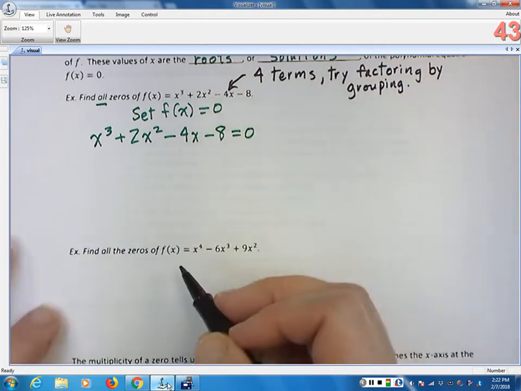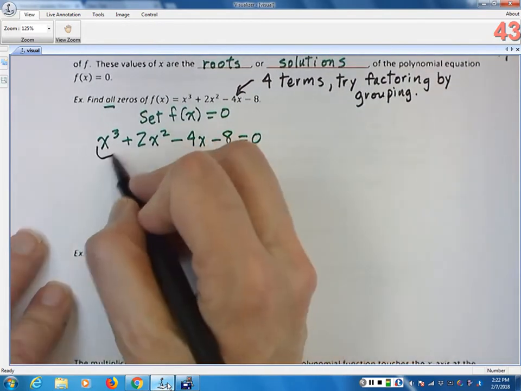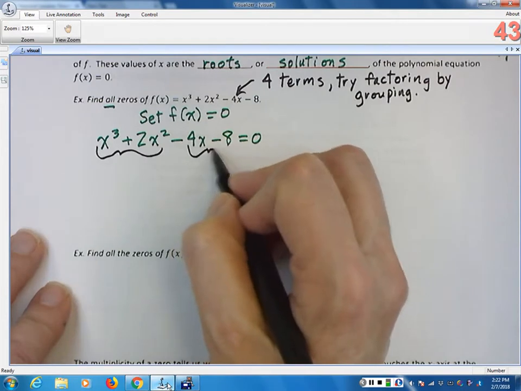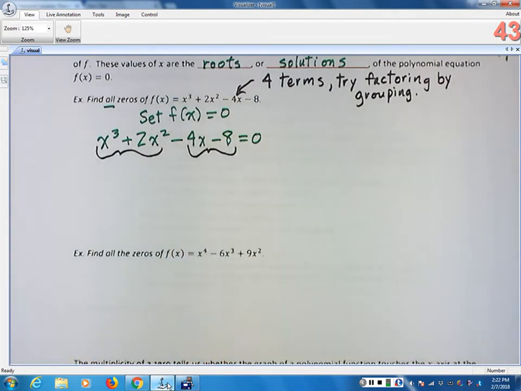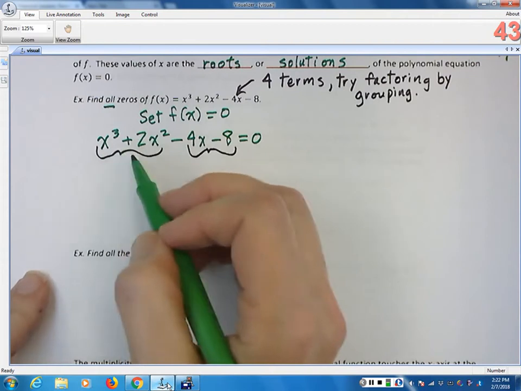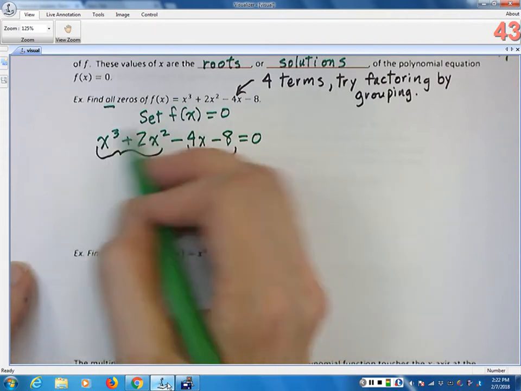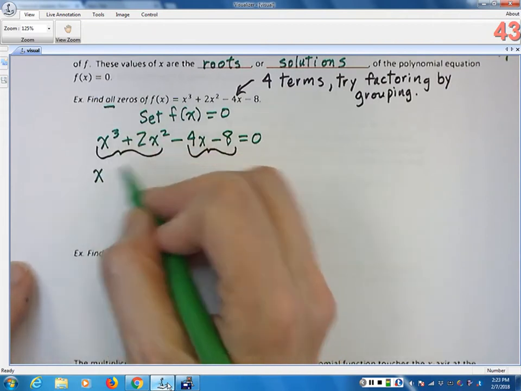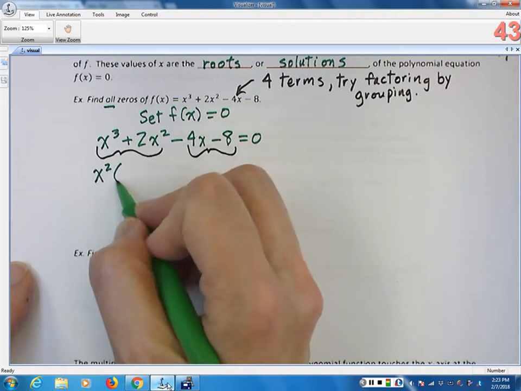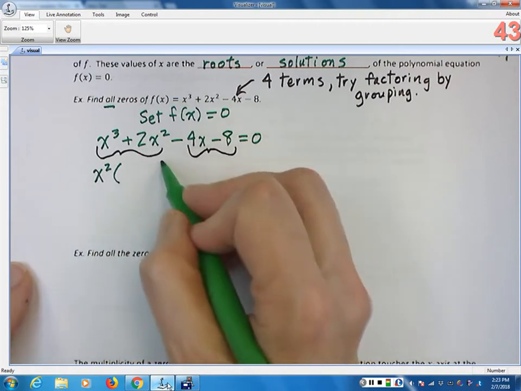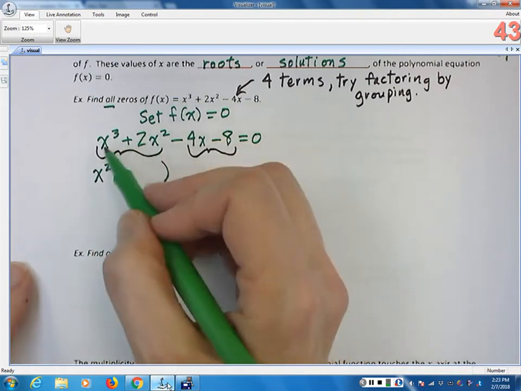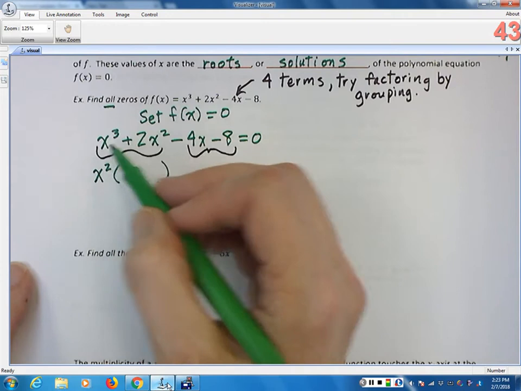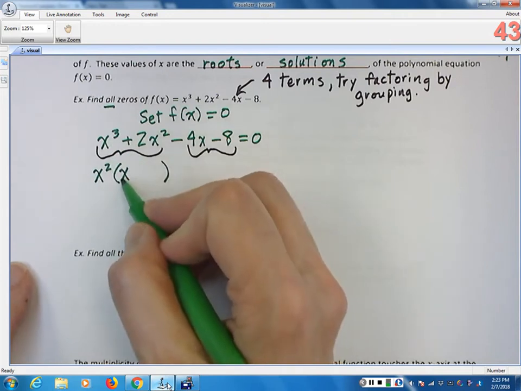Okay, so you're going to group the first two terms together and the second two terms together. And then you're going to find your greatest common factor of each one. So these two terms have the greatest common factor of x squared. You're going to factor that out. So x squared times what equals x cubed? x.